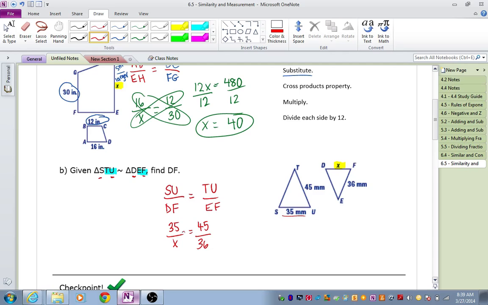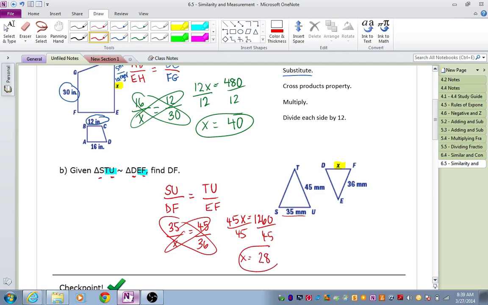So we're going to cross multiply. 45 times x is 45x. 35 times 36 is 1,260. Final step is divide by 45. And we get x equals 28.